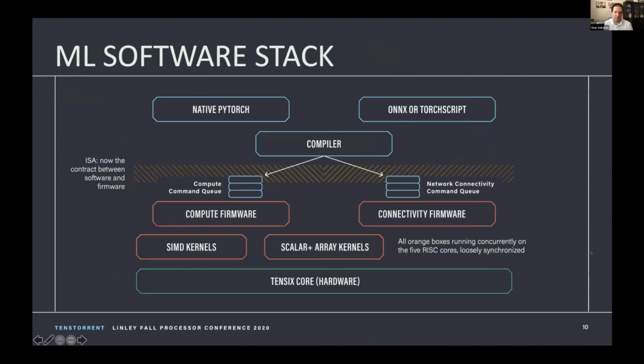Now, a 1,000-foot view of our software stack probably looks similar to what you've seen in other presentations. One, maybe not so subtle difference is that we have a couple of firmwares running on the bottom, a separate one for compute and one for connectivity, and both actually very complex pieces of software that are making a lot of decisions on the fly, as I mentioned before.